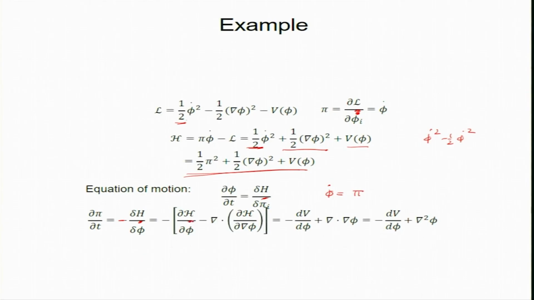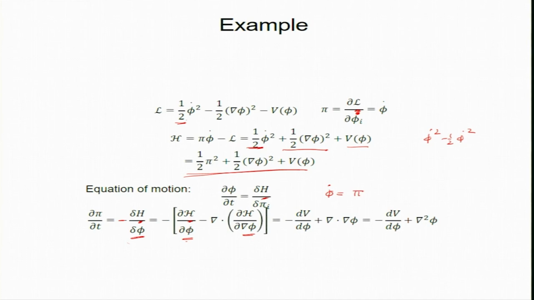This is the functional derivative. I again apply the logic of the functional derivative: H is a function of phi as well as grad phi, so both the terms will come.